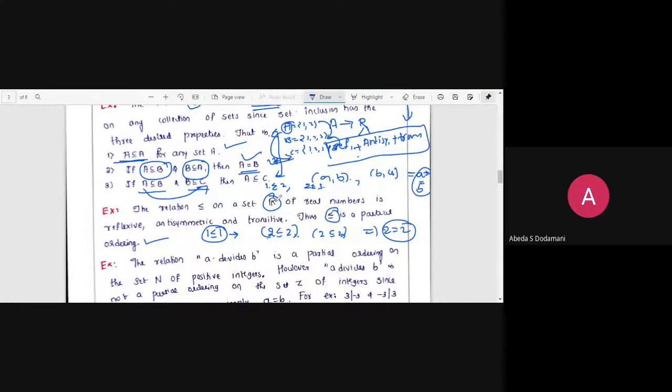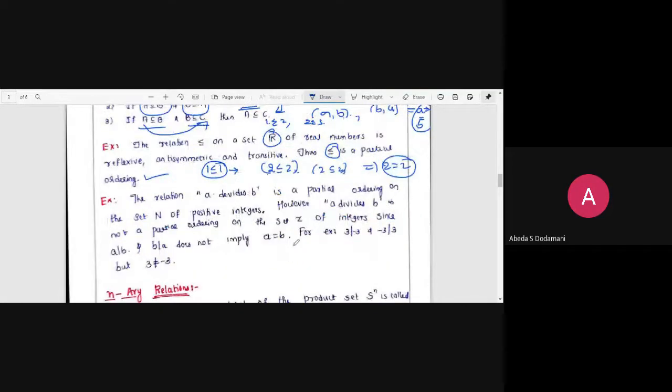Now let me give an example here. The relation A divides B. Is it a partial ordering on the given set of positive integers or not? Positive integers or the natural numbers, both are the same.